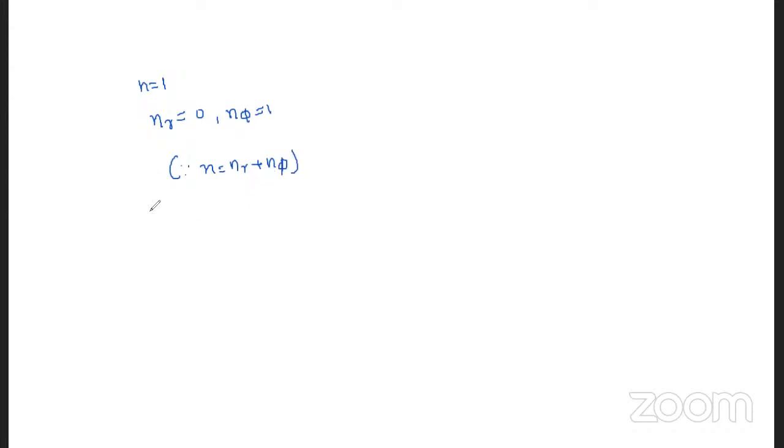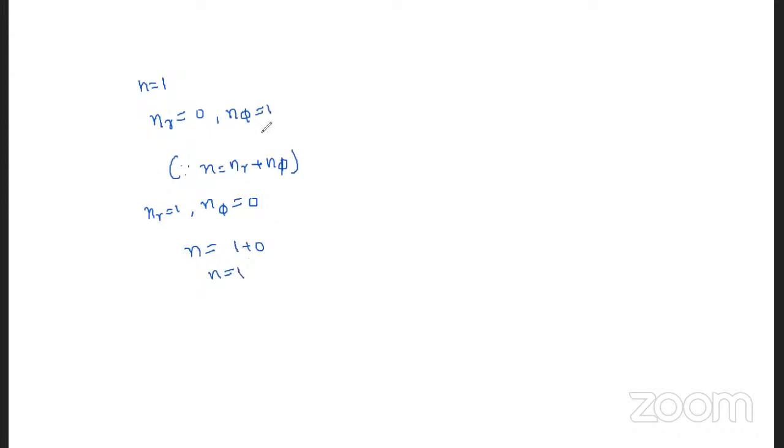And another condition is nr equal to 1 and n phi equal to 0. Automatically, n value is going to be 1, because nr is 1 plus 0, so n is equal to 1.